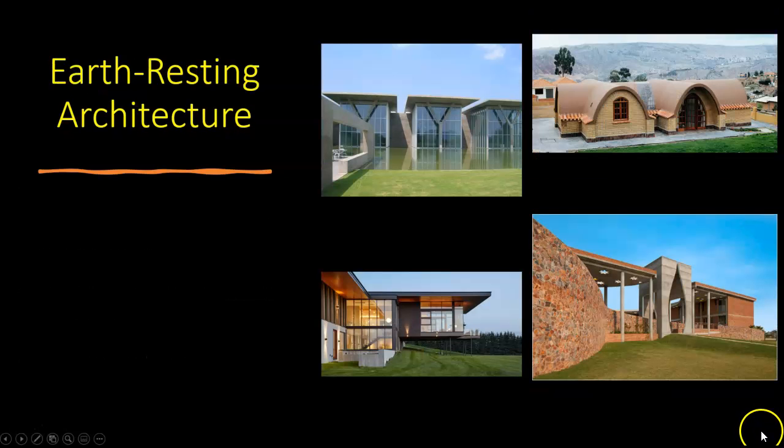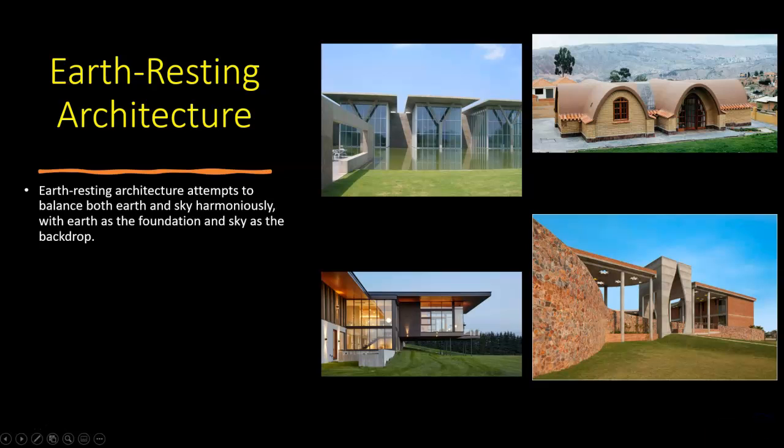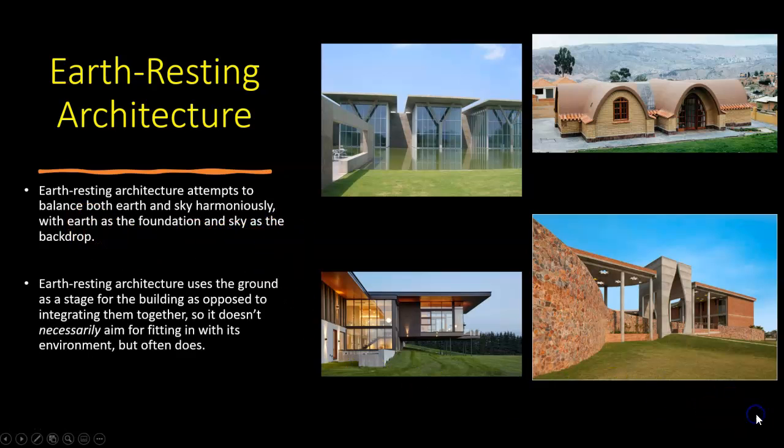Then there's earth resting architecture, and that attempts to balance both earth and sky more or less harmoniously, with earth as the foundation and sky as the backdrop. So earth resting architecture uses the ground as a stage for the building, as opposed to integrating the building and the ground together.